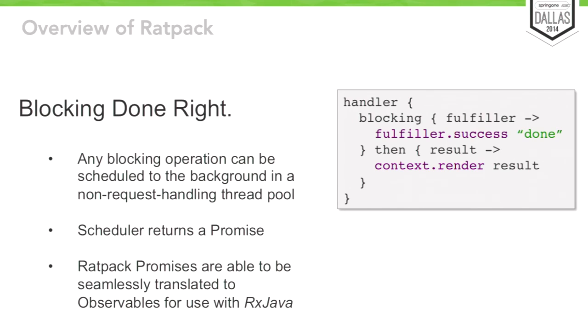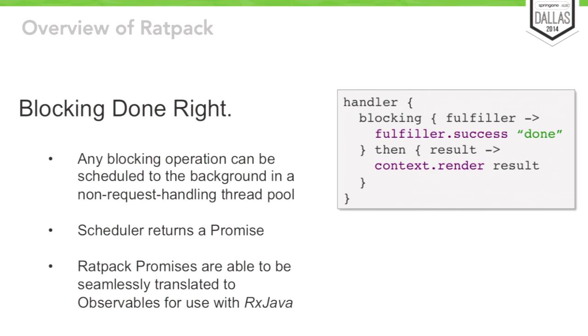So through Ratpack's Promise API, you get that kind of blocking that you need, and it can guarantee you execution order, which is pretty important. So the execution context provides an injection into a blocking operation. Ratpack internally manages the threads and the thread pools that it's capable of scheduling execution segments off onto.